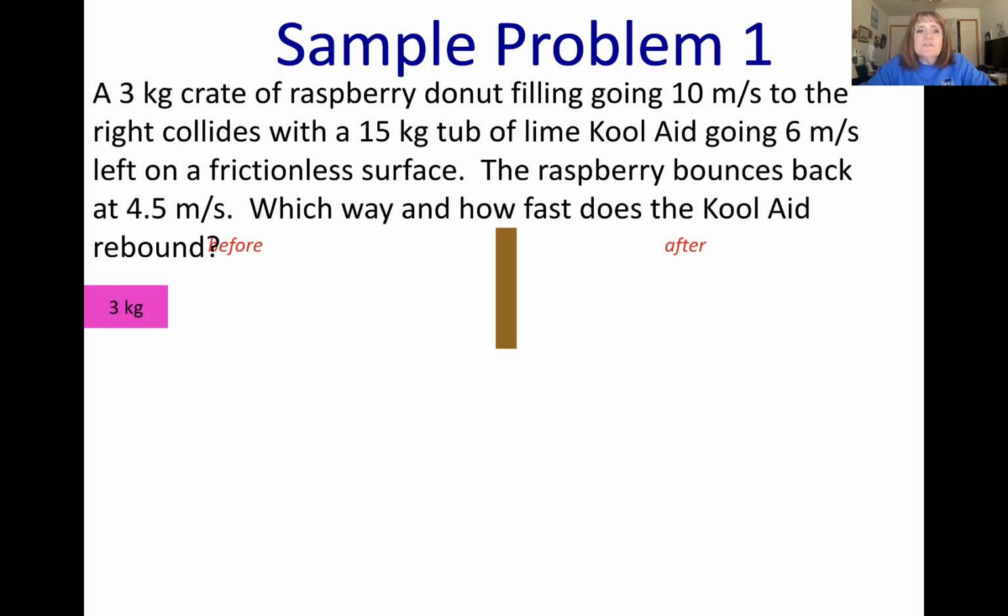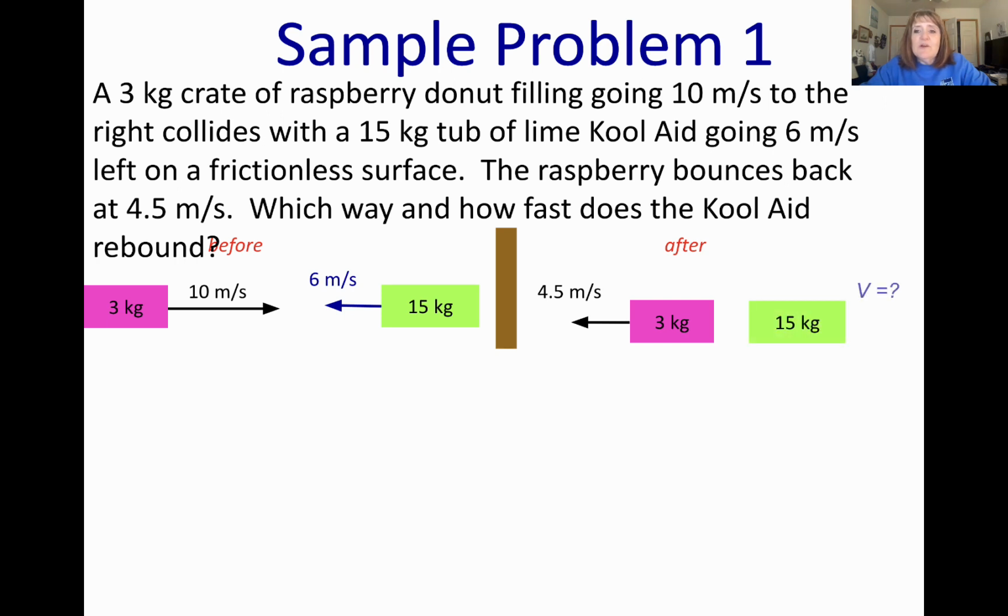So drawing ourselves a little picture, we have 3 kilograms moving to the right at 10 meters per second, 15 kilograms moving to the left at 6. That 3 kilograms then bounces backwards to the left at 4.5, and we don't know what the 15 does.